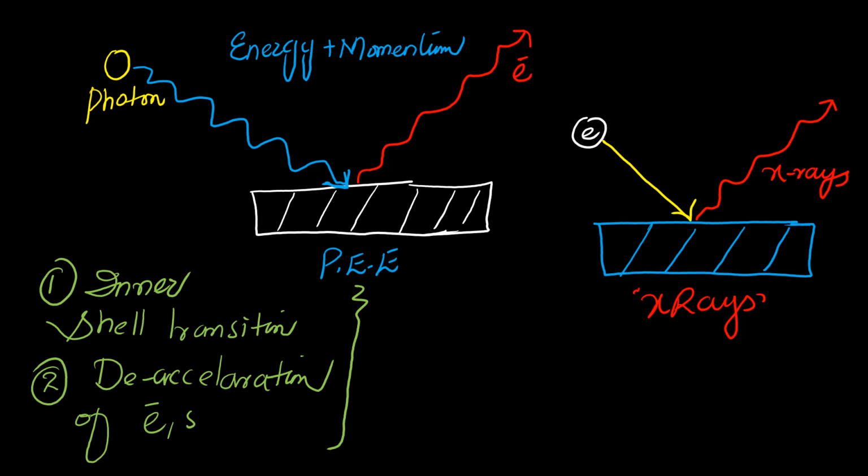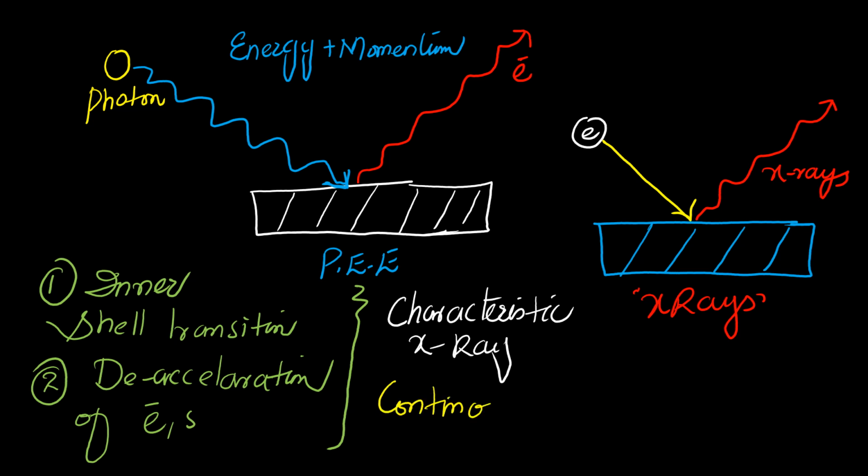X-rays which are produced due to an inner shell transition are known as characteristic X-rays, whereas X-rays which are produced due to deceleration of electron are continuous X-rays, and these X-rays are also known as Bremsstrahlung radiation.